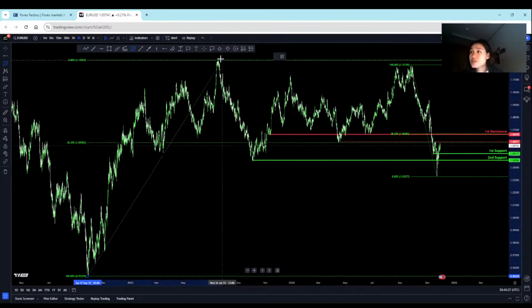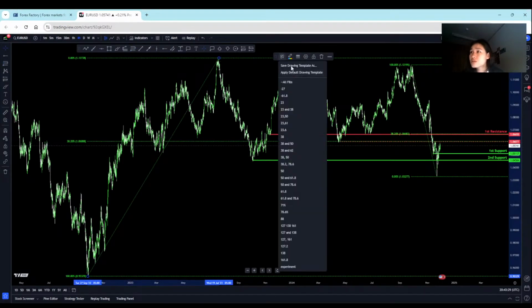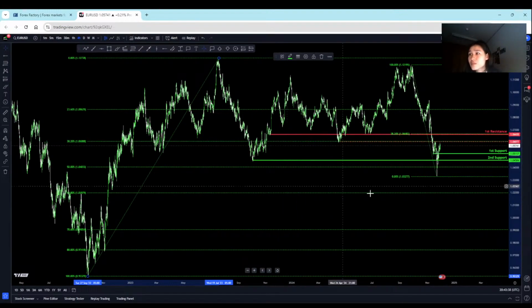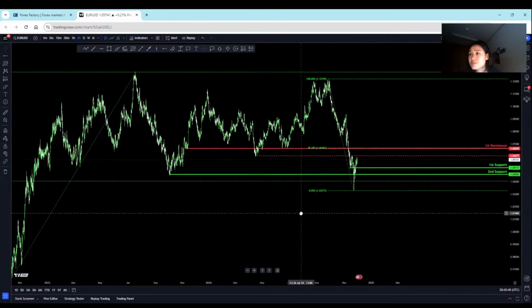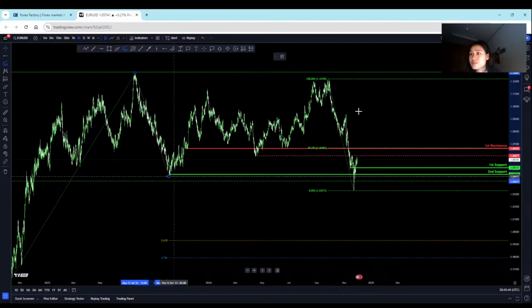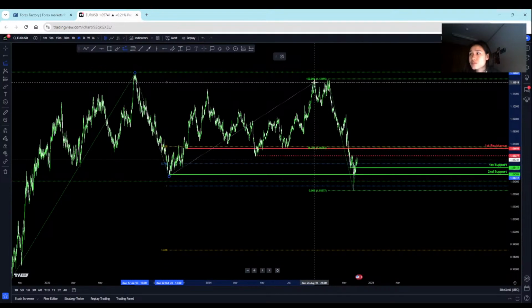Okay, first resistance. My 50% lines up with my second support, on 100% as well.